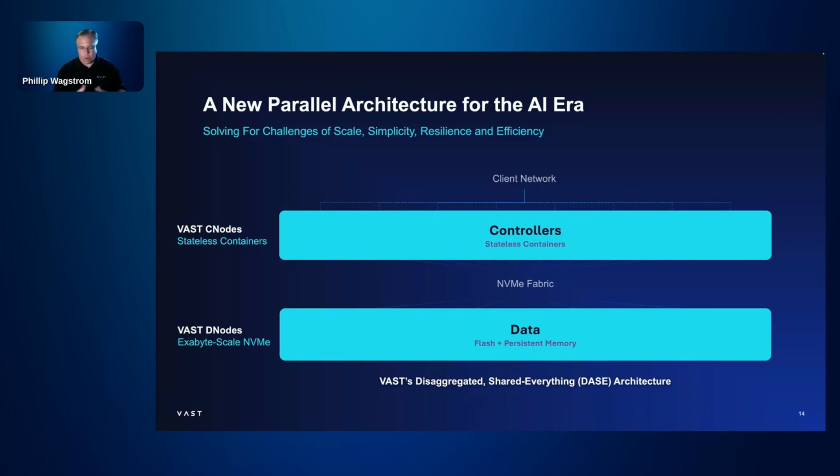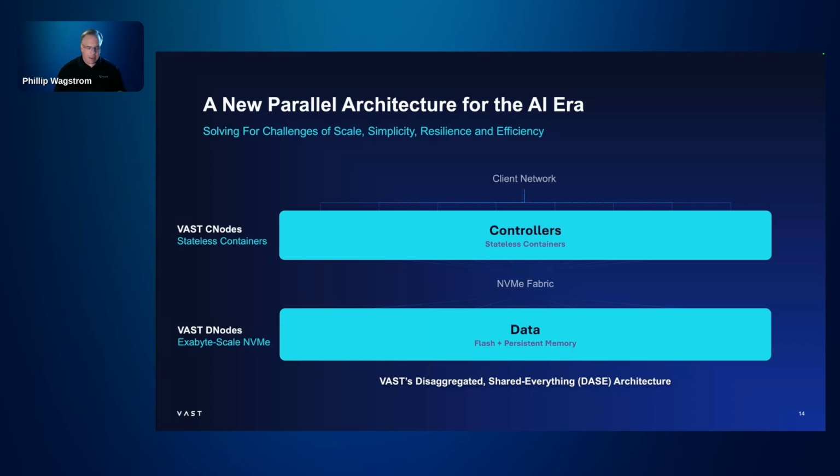Typically, it's going to be 400 gig Ethernet or InfiniBand, but there's going to be a high-speed NVMe fabric over this. The great thing about this architecture is that we can scale these independently. We can add more compute if we need more compute. We can add more capacity if we need more capacity. And all of the C nodes here have access to all of the data in the back end as we grow. So this gives us a lot of flexibility.